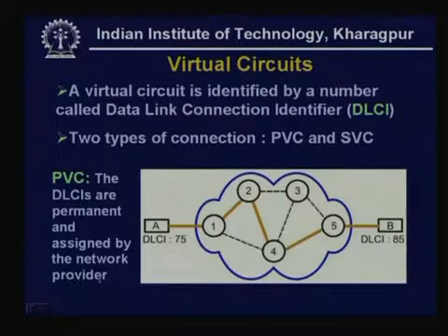So the network provider provides these DLCIs, and as you can see, there is a permanent virtual circuit created from station A to station B, or DTE A to DTE B, and for this particular link from A to node 1, the DLCI is 75, and between this link the DLCI is 85. So these numbers will be different for different links, and we shall see how this changes later.